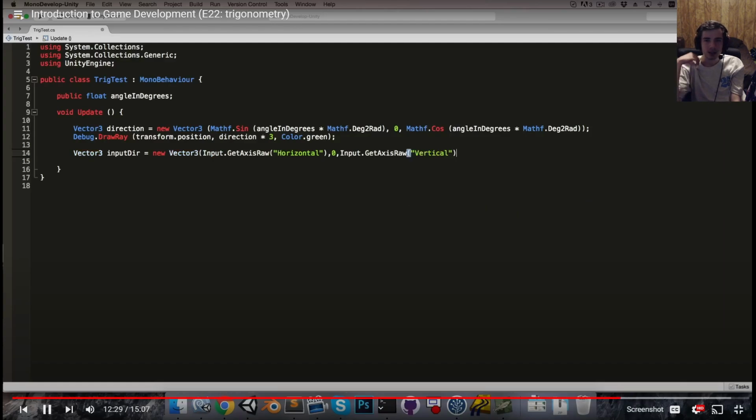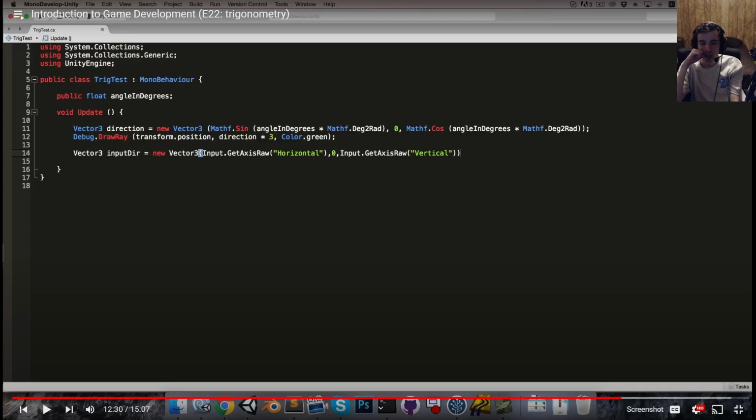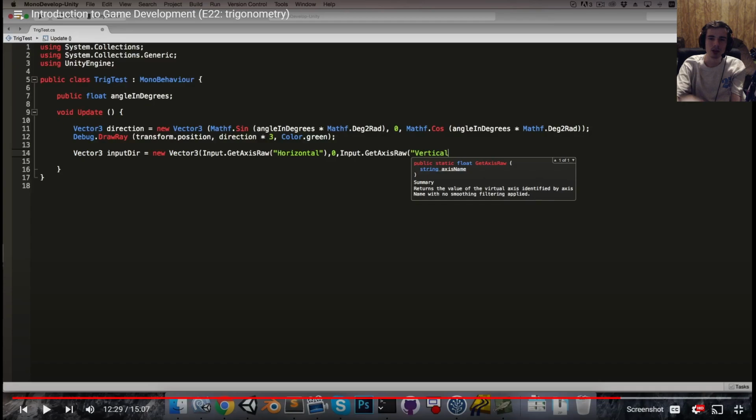And what does this do here? My real question is, why does this need to be normalized? I already asked that. Returns the value of the virtual axis identified by axis name with no smoothing filtering applied.